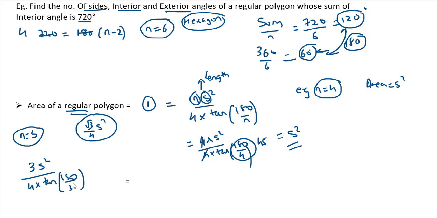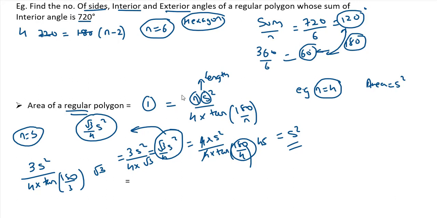So tan 180 upon 3 will be tan 60. Tan 60 is nothing but root 3. So we'll get 3 s square upon 4 into root 3. If we cancel out one of the root 3, we'll get root 3 by 4 s square, which is the same formula. Okay.